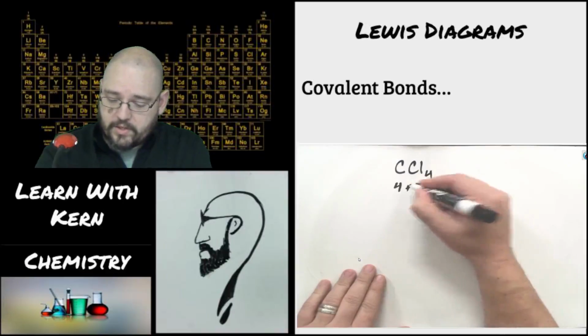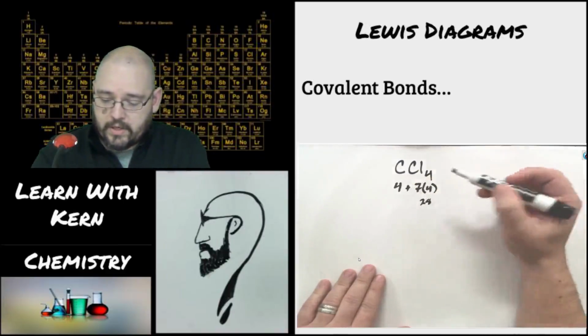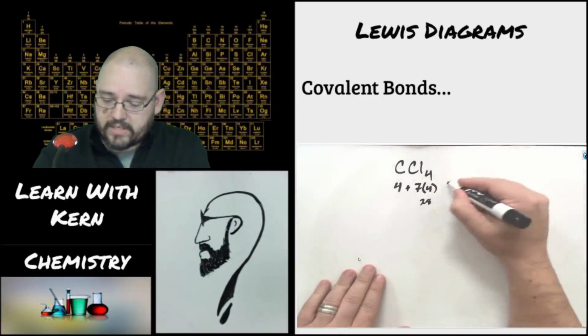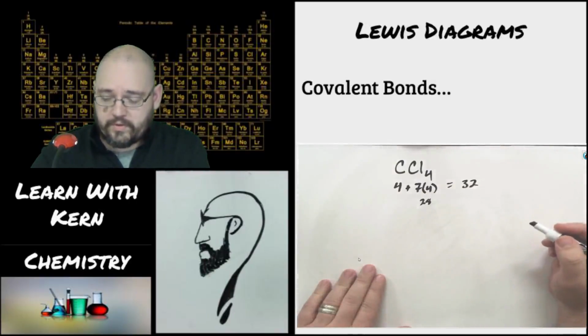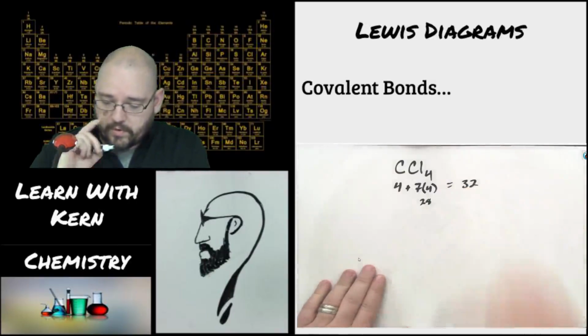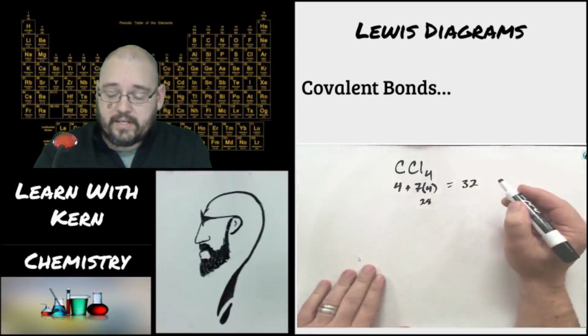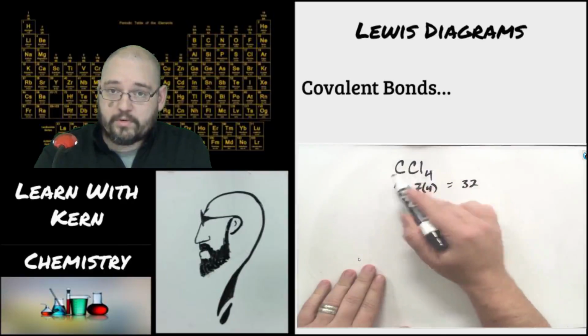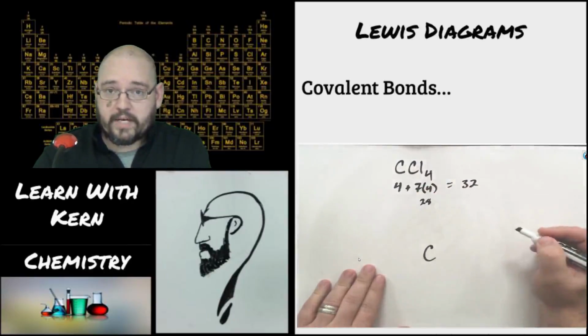All right, so that 7 times 4 is 28, and plus 4, that means I have a total of 32 electrons to work with. Okay, 28 plus 4. So the central atom then is going to be the one that has the fewest number of atoms. Well, that's going to be carbon in this case. So carbon is my central atom.